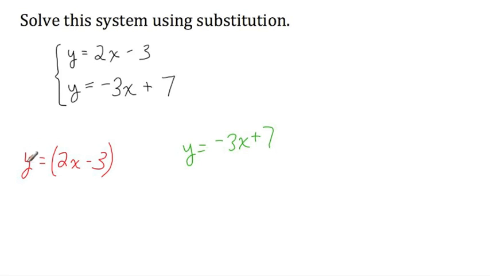So I know what y equals, so I'm going to substitute in for y. y equals 2x minus 3. So I'm going to rewrite this equation, but instead of writing any of the y's, I'm going to write this instead: y equals 2x minus 3. And then I just continue writing the rest of that equation.